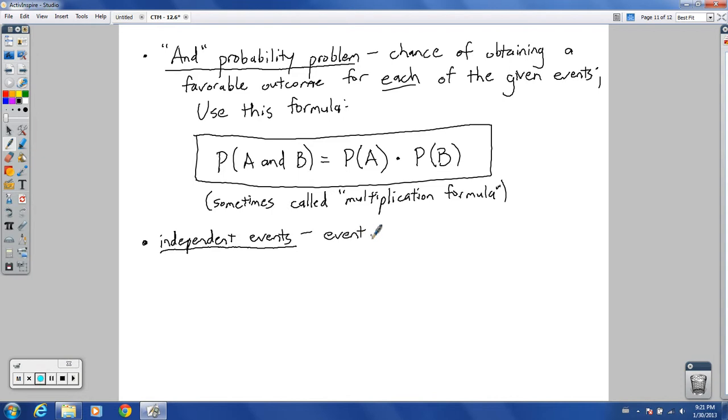In other words, probabilistically, it's events where the probability of an event is not affected by the other. Not being the key word there. So one thing happens, another thing happens, they have no effect on each other.